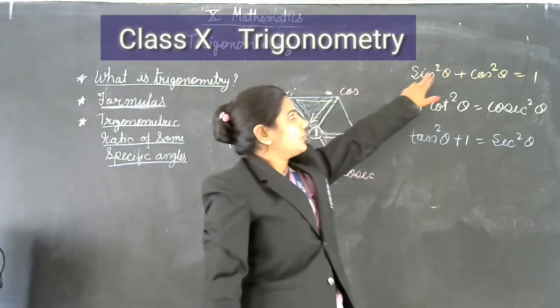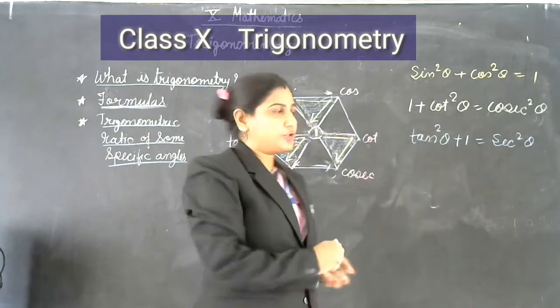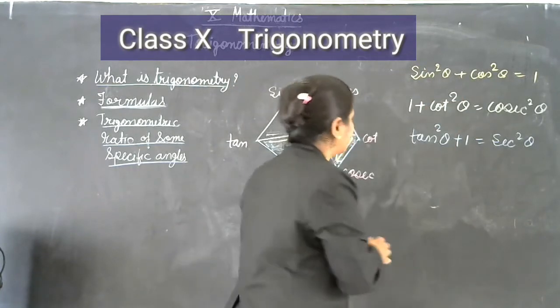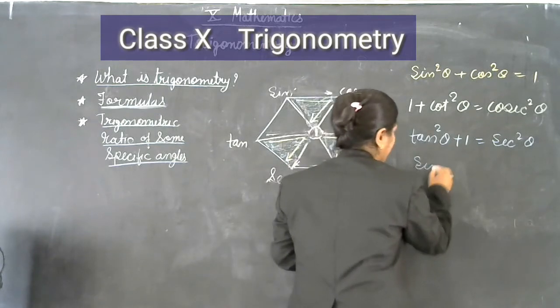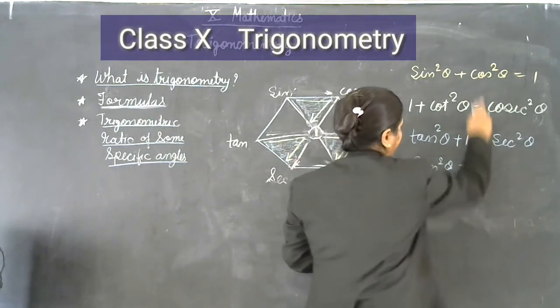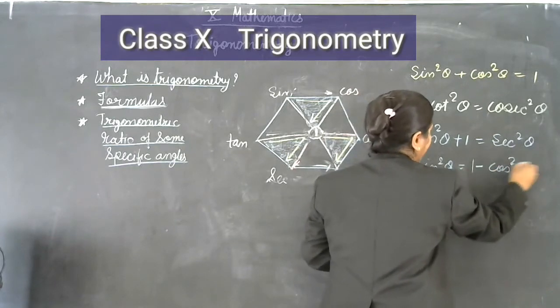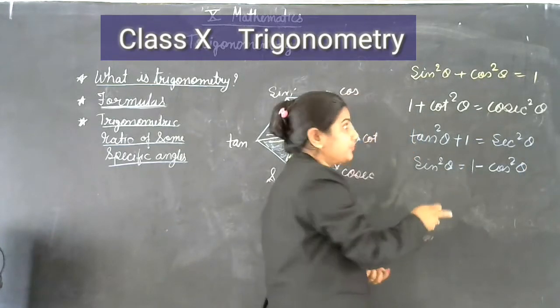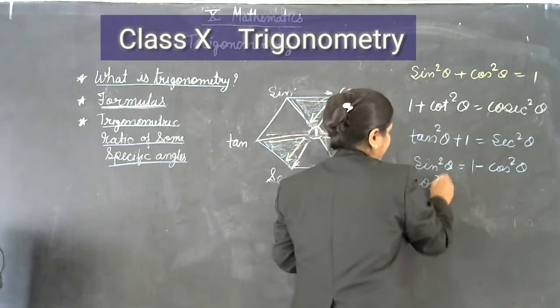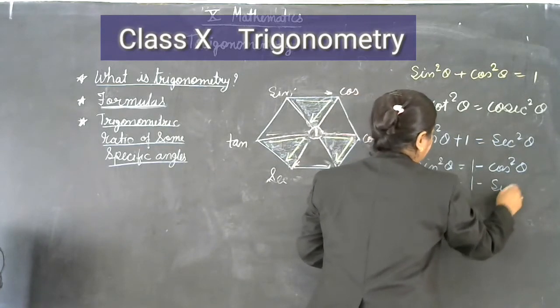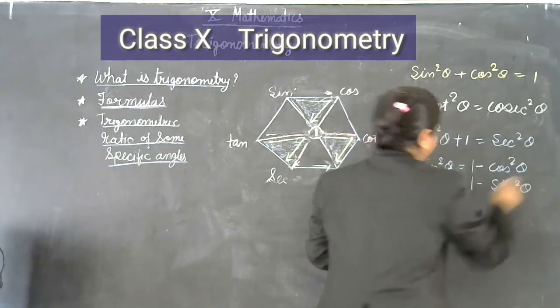First one is sin square theta plus cos square theta equals 1. And we can write this in other forms also. Sin square theta, if we transpose cos square theta, equals 1 minus cos square theta. For cos square theta, transpose sin square theta, then it is 1 minus sin square theta.